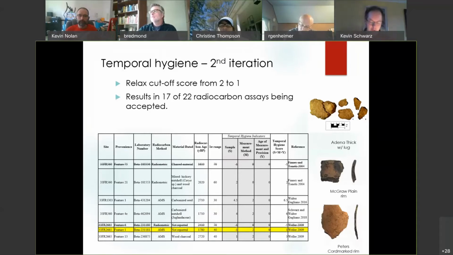Sometimes you don't know what it is, and the analyst couldn't identify it, and that's one thing. But in other cases, it doesn't appear that the sample was submitted to a paleoethnobotanist, so you really don't know at that point, and that's a problem.